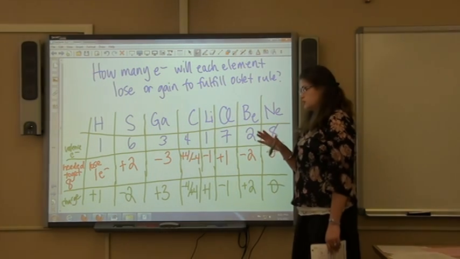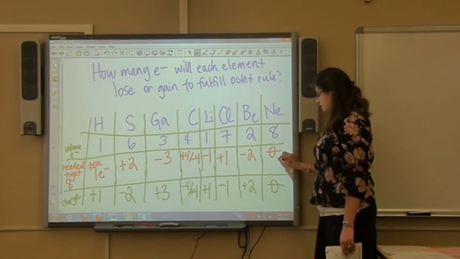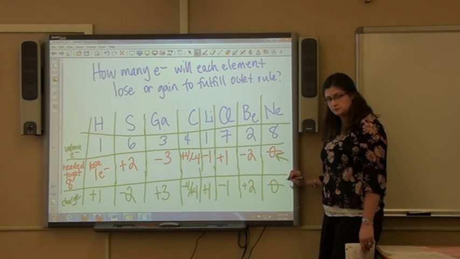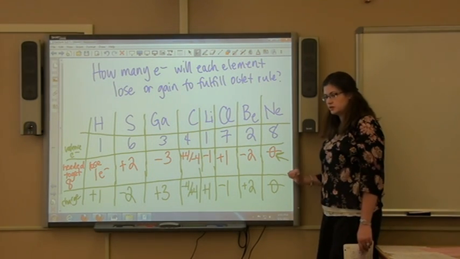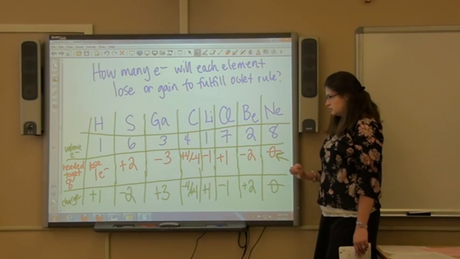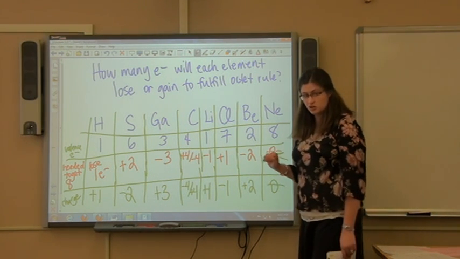Neon's not changing at all, so it has no charge. So whatever you're doing as far as losing or gaining electrons, your charge is going to be the exact opposite. This is a really important point that I want to drive home to you. Gaining electrons means that you're making your charge more negative.